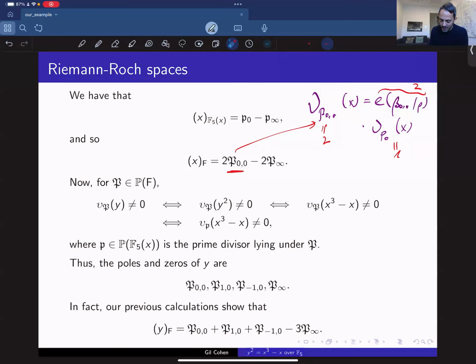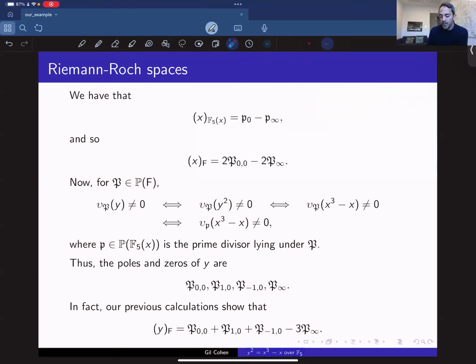And also importantly, there are no other prime divisors appearing here, only those. Because prime divisors that are not written here have valuation of x equal to 0, which means the valuation of x at the prime divisors above those points is also 0, because it's just 0 times the ramification index, which is 0. Okay.